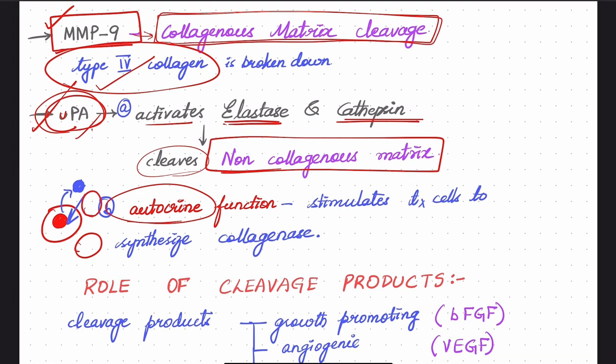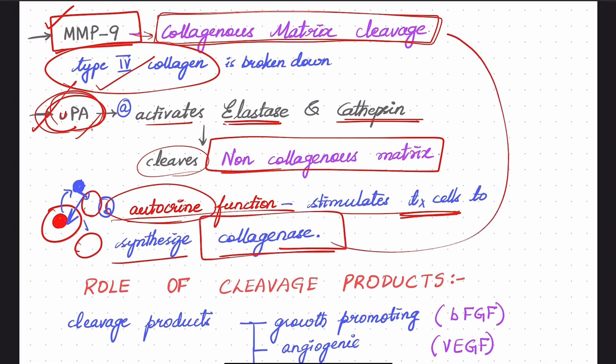The same cell producing the substance is acted upon by the substance, and also the adjacent neighboring cells. That is autocrine function. So the tumor cell releasing this UPA stimulates the tumor cells themselves to synthesize collagenase. Collagenase again breaks down the type 4 collagen.